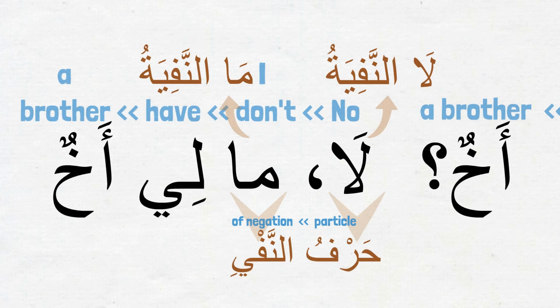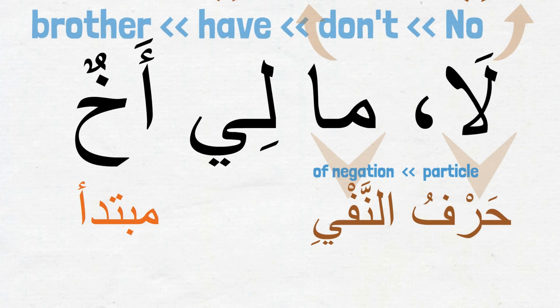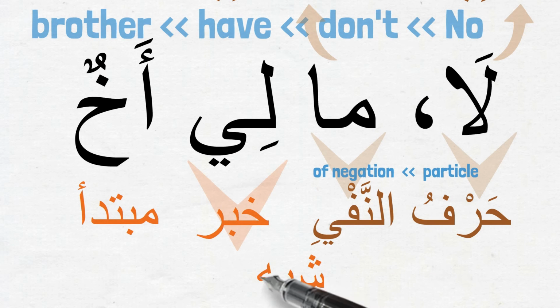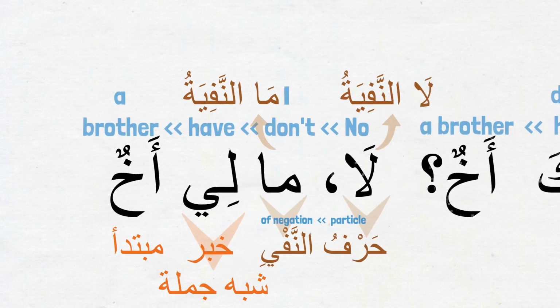Both are used as a negating particle. The first La is introducing the negation in the response. The harf Ma coming after it is negating the jar majroor li. So Ma li means I do not have. Here the mubtada is akhun and it is coming after khabar li because akhun is nakira and the khabar li is the shibhu jumla.